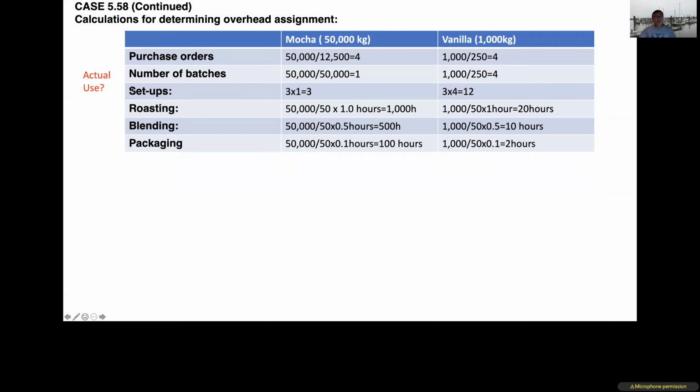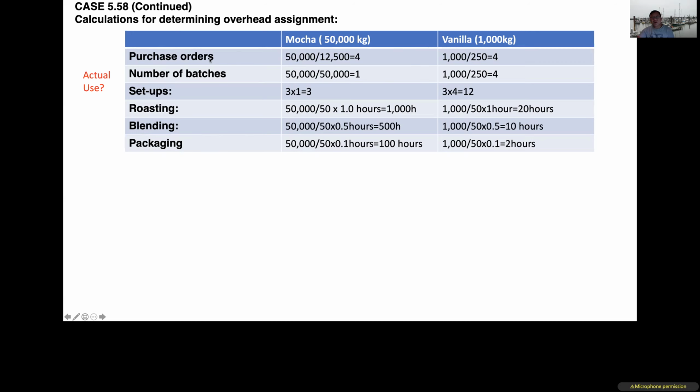Now I want to know the actual use of these cost drivers in order to produce 50,000 kilograms of mocha versus 1,000 kilograms of vanilla.